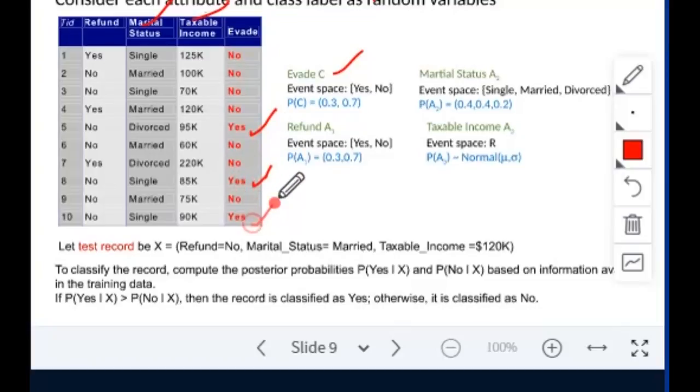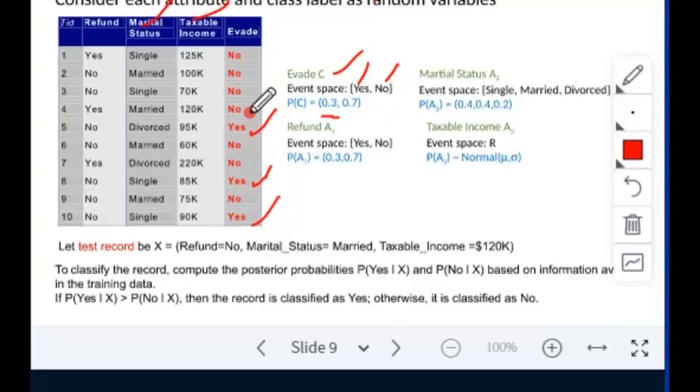So here I just take yes. Yes is occurring how many times? Totally how many records do we have? 10 records. Out of 10 records, how many have the class label yes? 3. So 3 by 10, 0.3. Then how many are no?